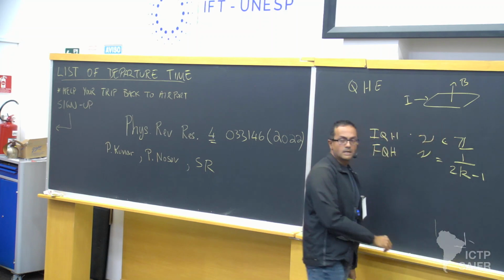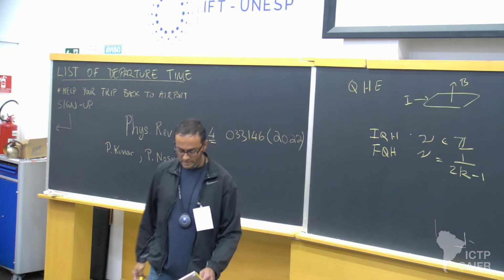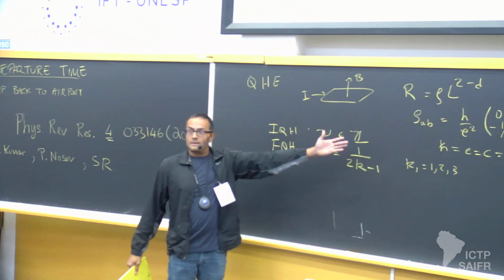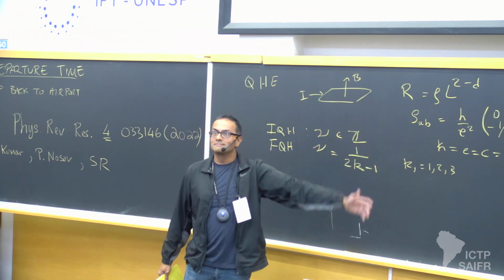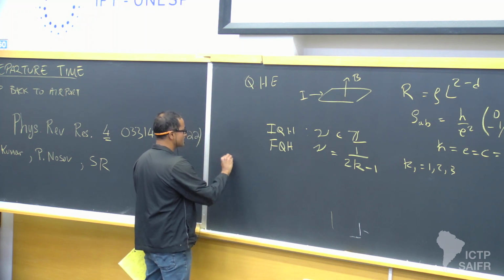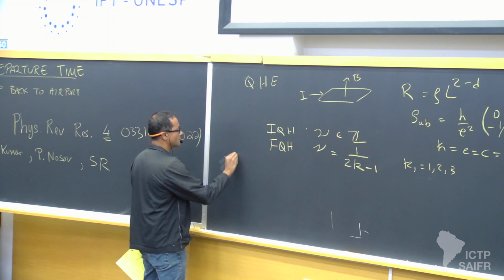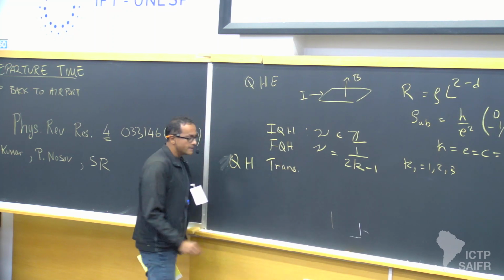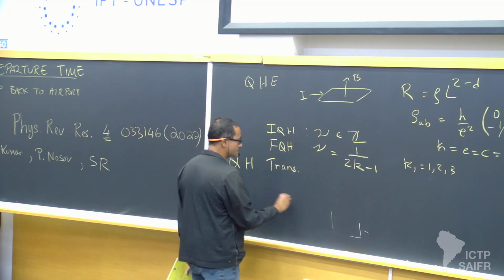These are a subset of fractional quantum Hall transitions. Understanding the phases is largely a solved problem. What's not solved are the phase transitions. Let's call them quantum Hall transitions. The phenomenon is easily stated.